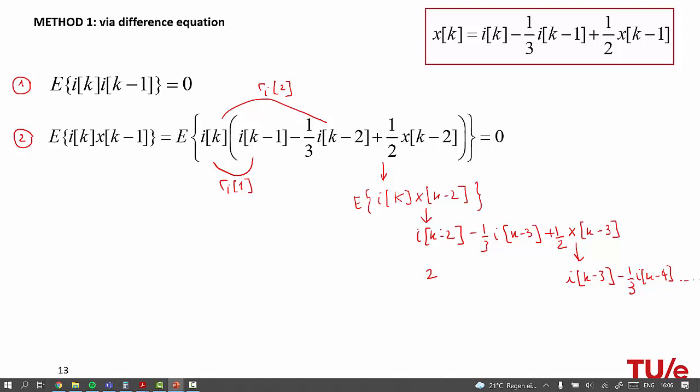So from this product, I will have several different products, but always of ik times ik minus L, where L is always larger than 0. And therefore the expectation of this product always gives me 0. So this was 0, this was 0, and also ik times this gives me 0.